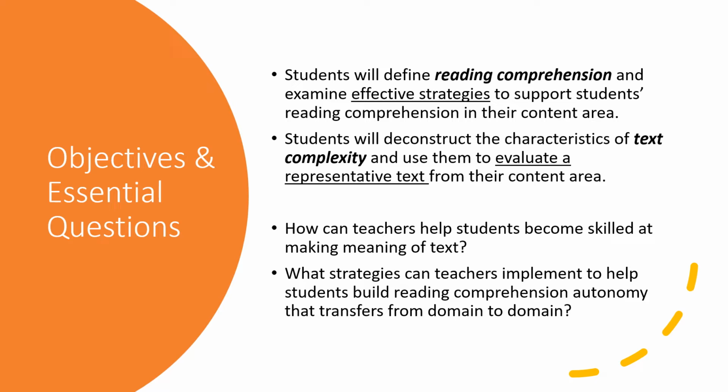We're going to deconstruct the characteristics of text complexity and use them to evaluate a representative text from your specific content area. And then how can teachers help students become skilled at making meaning of text? What strategies can teachers implement to help students build reading comprehension autonomy that transfers from domain to domain? Those are our two essential questions for this module.